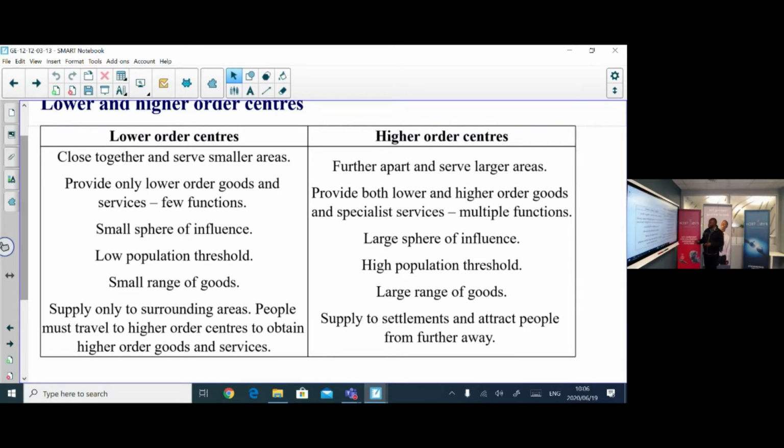Small sphere of influence, that's the lower order, and we have a large sphere of influence on the higher order. On the lower order we've got the low population threshold, whereas there is a high population threshold on the higher order. Then we have a small range of goods on the lower order and a large range of goods on the higher order. Lower order supply only to surrounding areas, but the higher order supplies settlements and attracts people from further away.